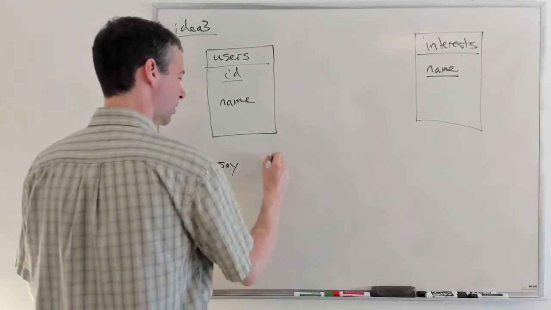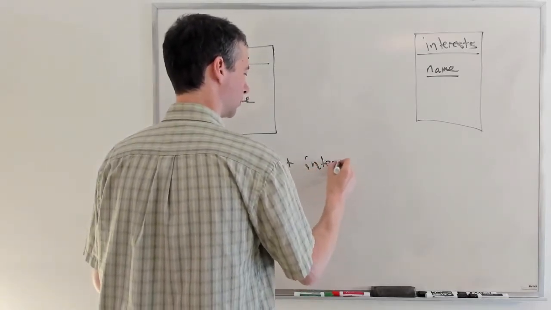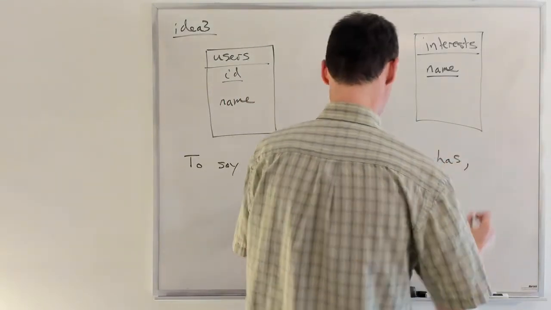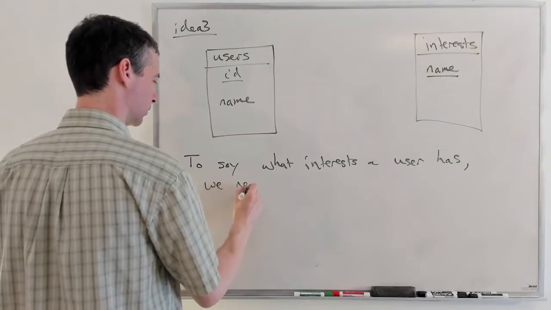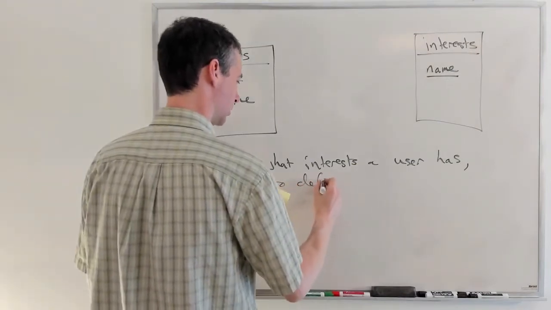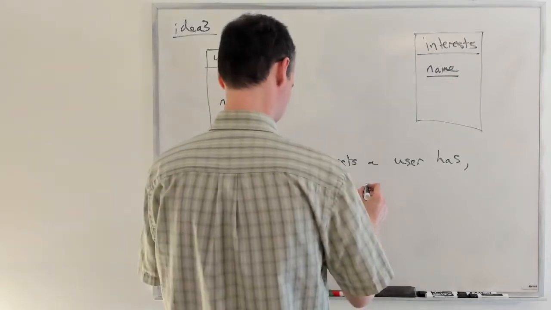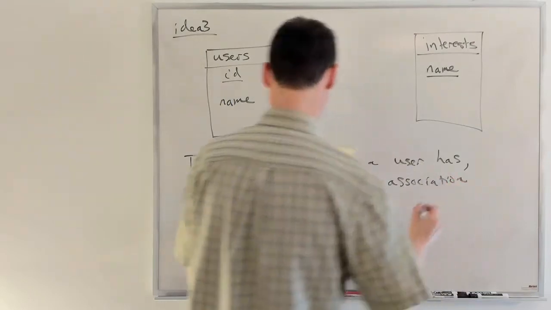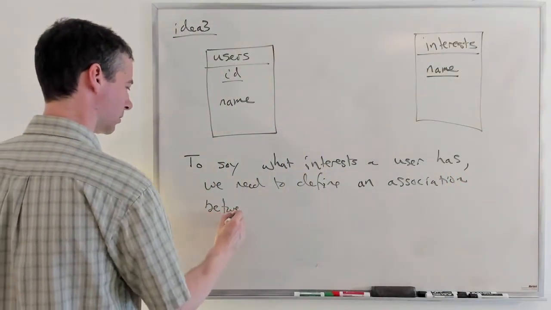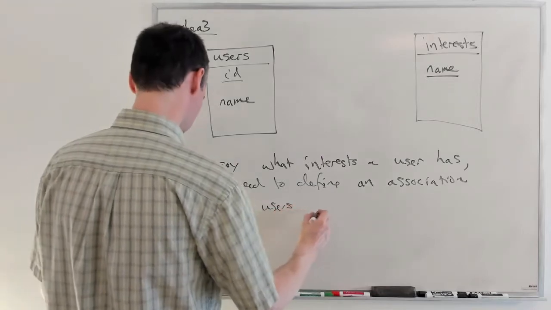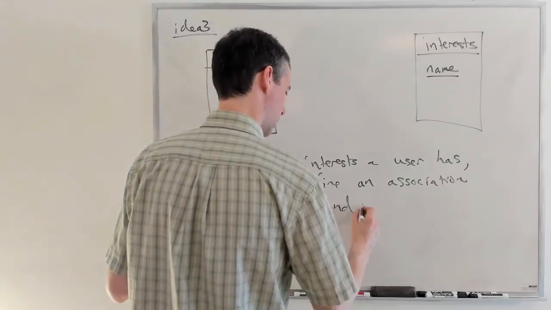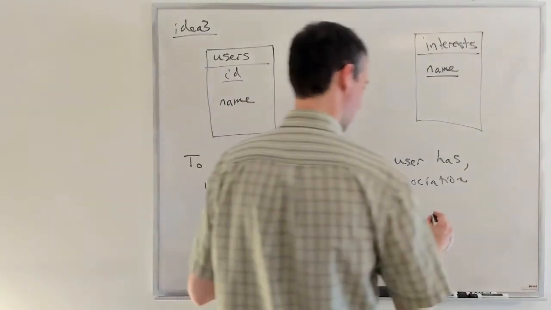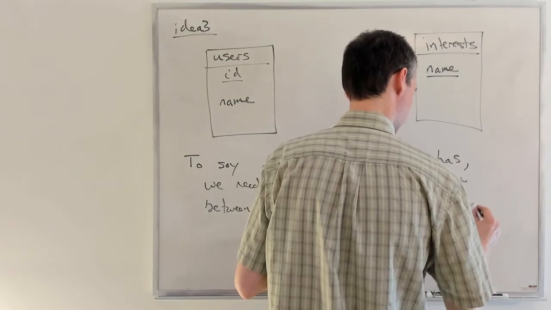To say what interests a user has, we need to define an association between users and interests. This is what we call a relationship.